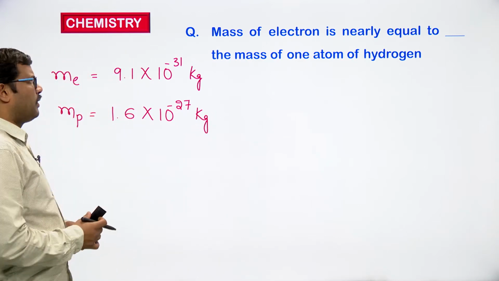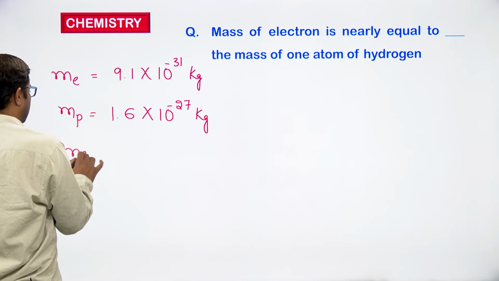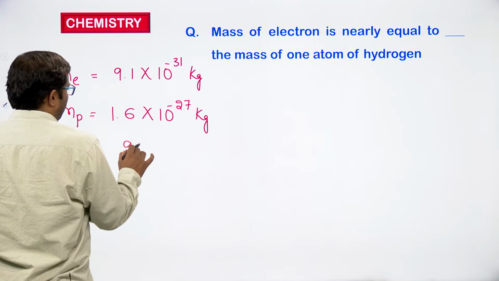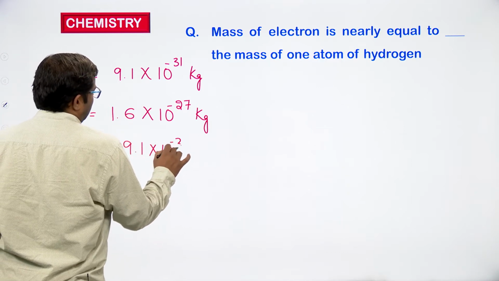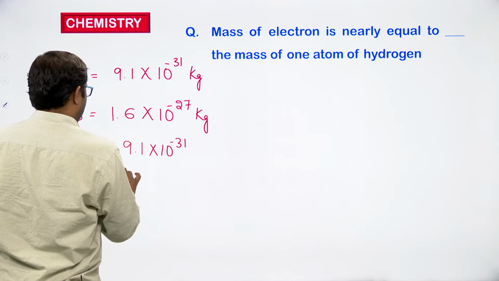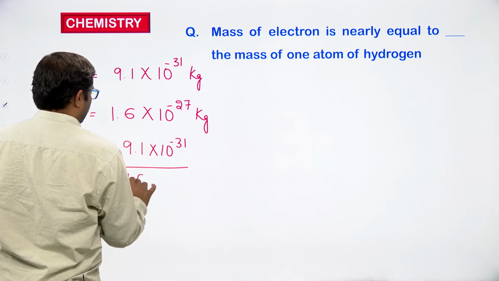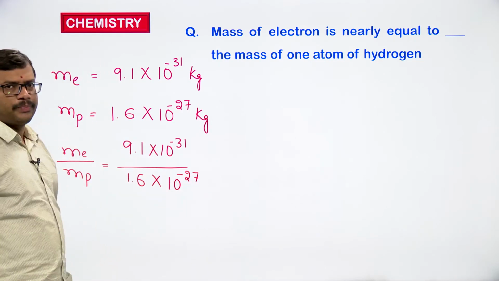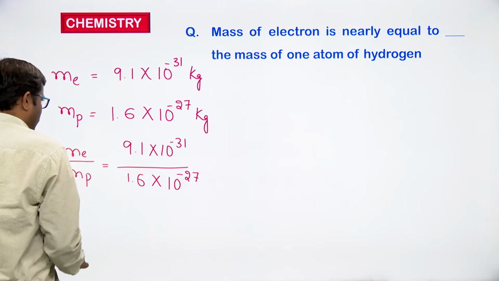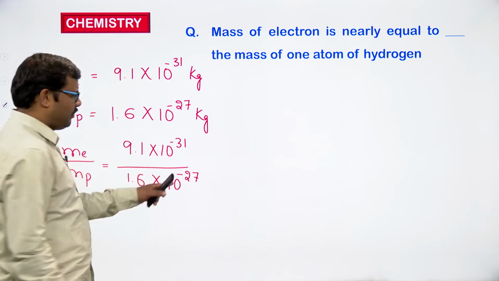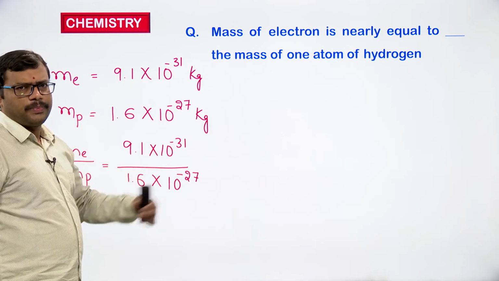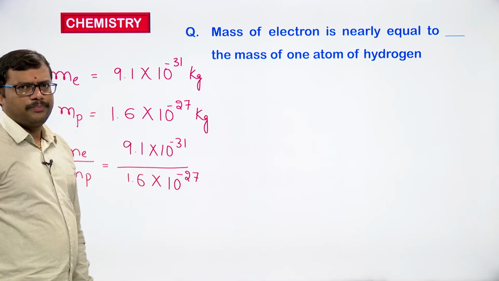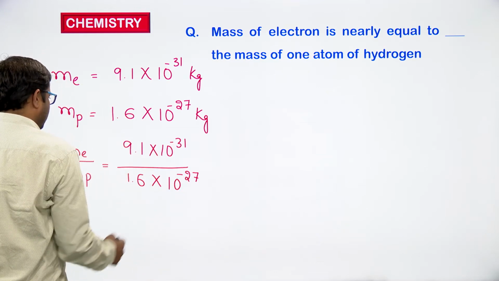So we have to take the mass of the electron to the mass of the proton: 9.1 into 10 to the power of minus 31, divided by the mass of the proton, 1.6 into 10 to the power of minus 27, okay. When you calculate this, 10 to the power of minus 27 going upside becomes 10 to the power of plus 27, so plus 27 minus 31. So we are going to get around 4, 10 to the power of minus 4, okay.